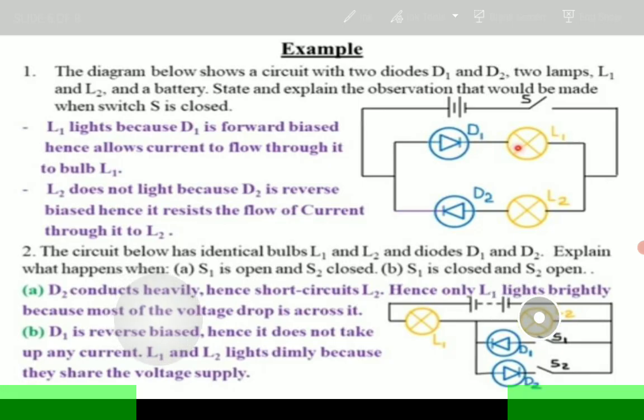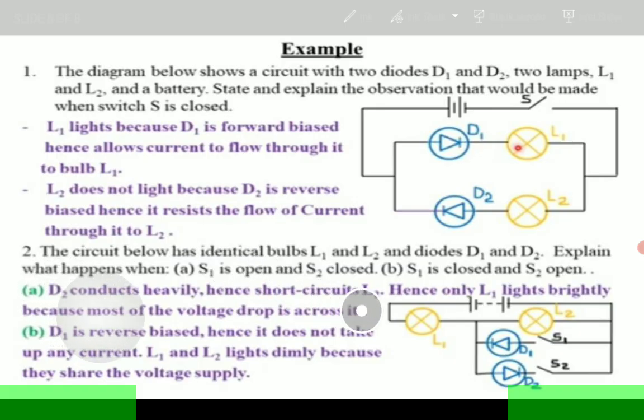Okay, so which means that if we close S1, D2 conducts heavily, hence a short circuit is going to short circuit lamp 2, hence only lamp 1 is going to light brightly. So we are saying if we close switch 1, the condition is open switch 2.